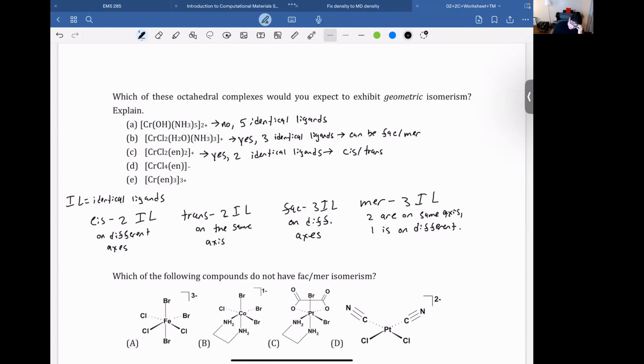Looking at D, the answer is no. So if I circle these, it's no because we have only four of the same ligands.